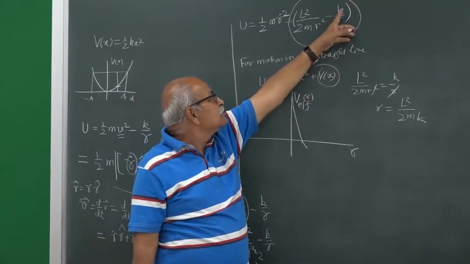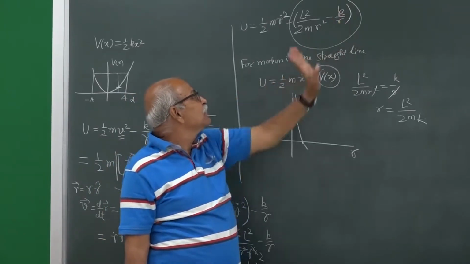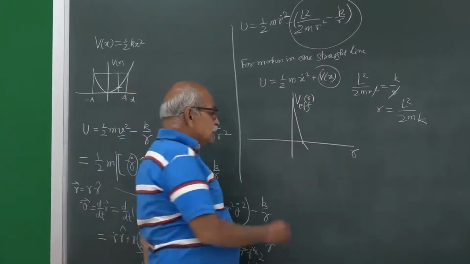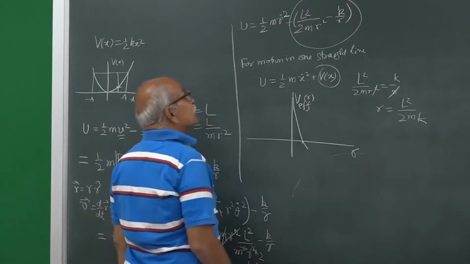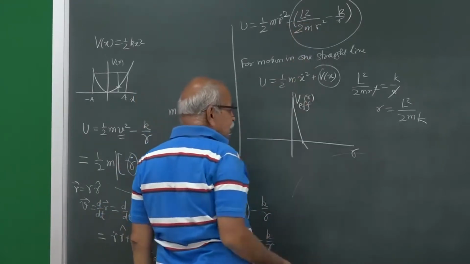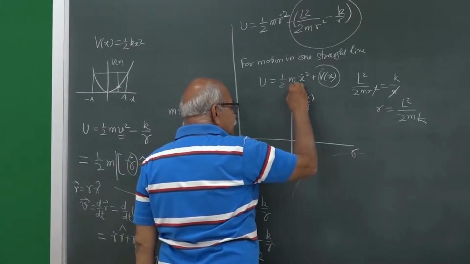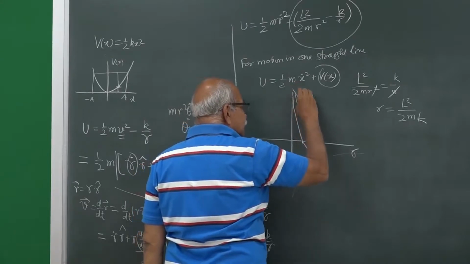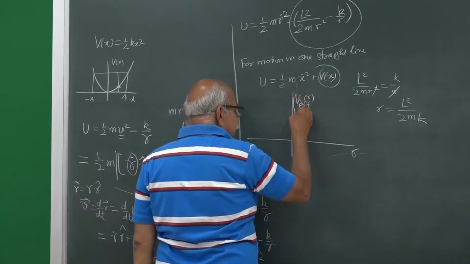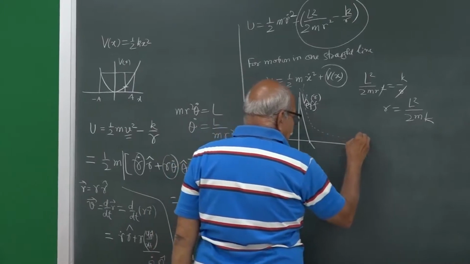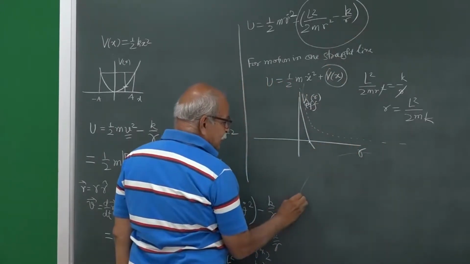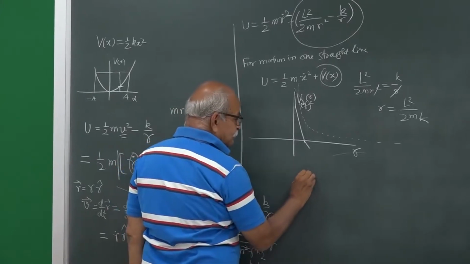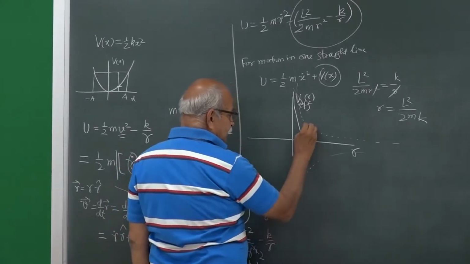And how is this minus 1 by r? If you see, minus 1 by r is something like this, and this will dominate over L square by 2 m r square. If I plot, it will be of this type, going to 0. Ultimately, both of the terms are going to 0. Minus k by r will be of this type.